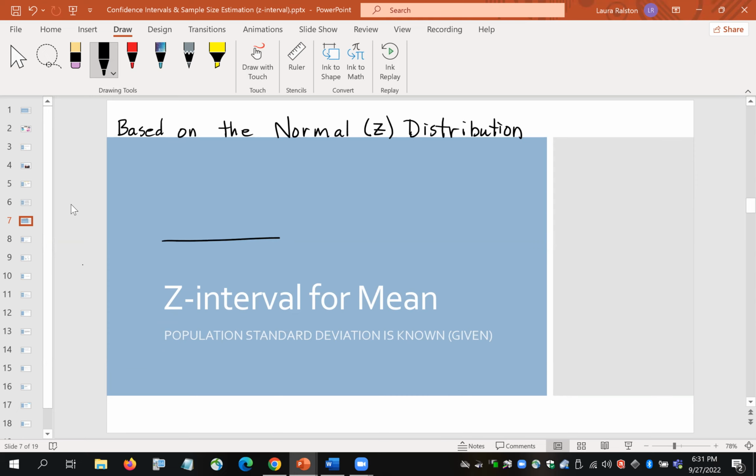Remember, the normal distribution is a continuous probability distribution that is symmetric with the mean in the middle, and it's bell-shaped.